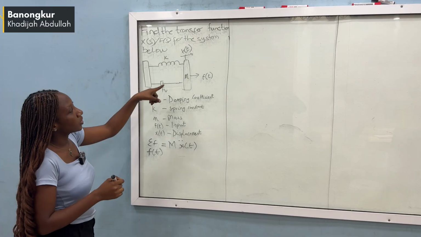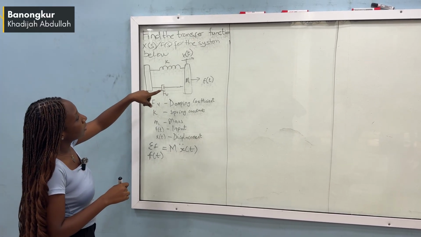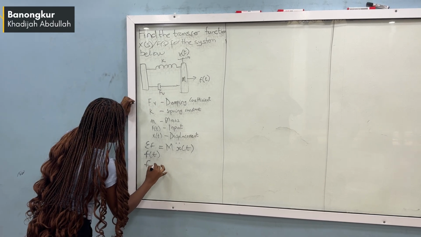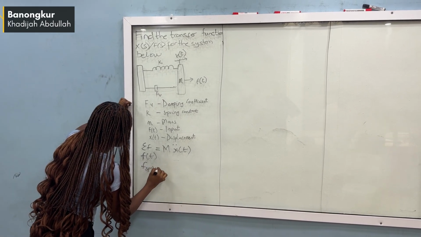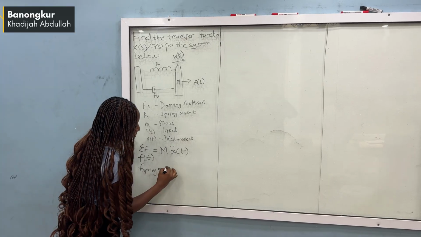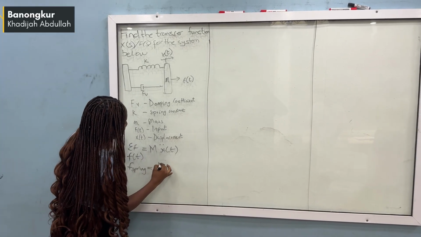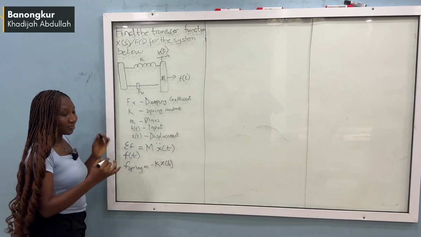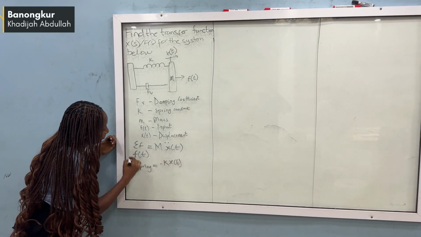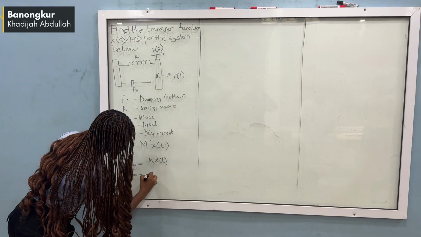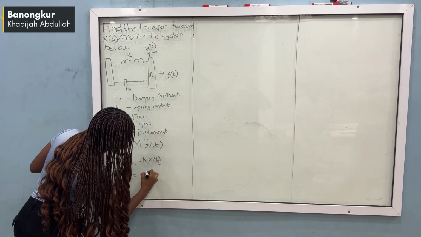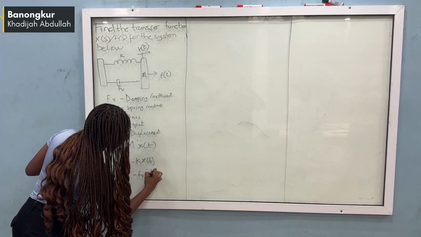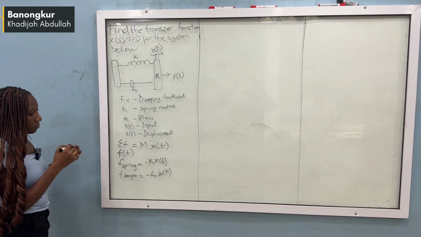And then the second force is the spring force, which is equal to negative k x(t). Then we have the damping force, which is equal to negative the coefficient times the first derivative of the displacement.